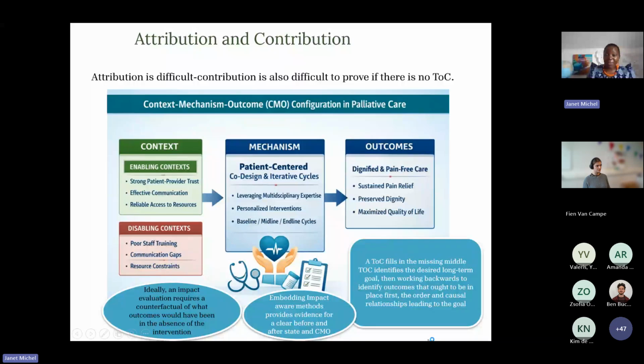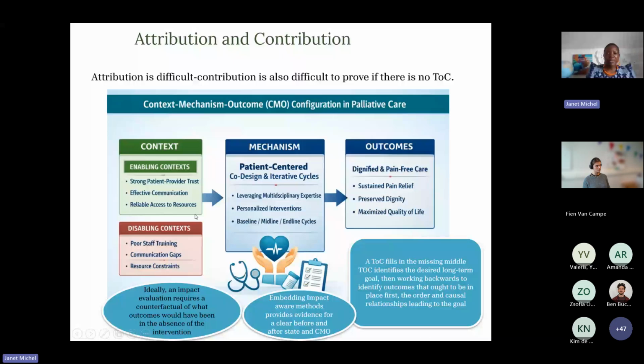But by embedding these impact-aware methods at design stage, you can demonstrate impact because you have a before and after state. So the theory of change fills the missing middle by, as we said, identifying the desired goal and working backwards to identify, okay, what are the outcomes that are needed? What is the mechanism? And what are the assumptions?